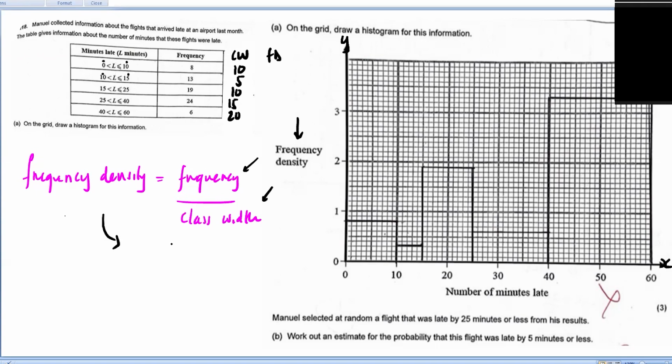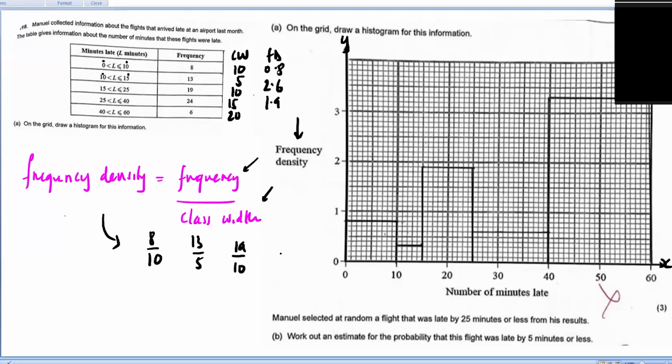So the first one would be 8 divided by 10, which is 0.8. Then 13 divided by 5, which is 2.6. And then 19 divided by 10, which is 1.9.